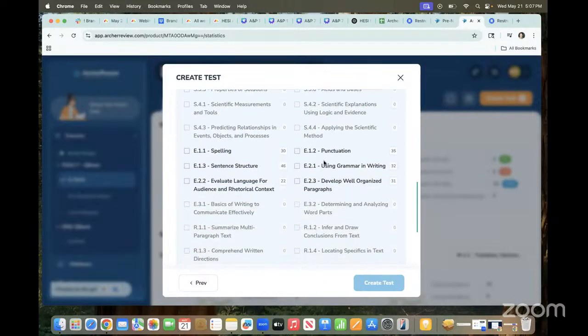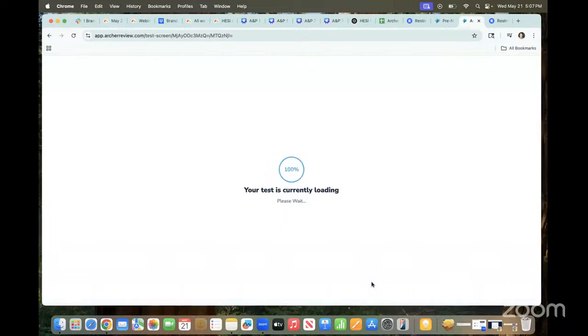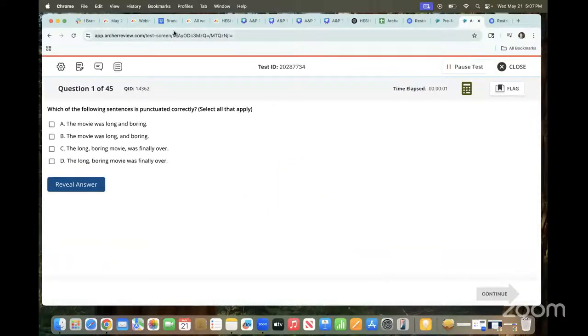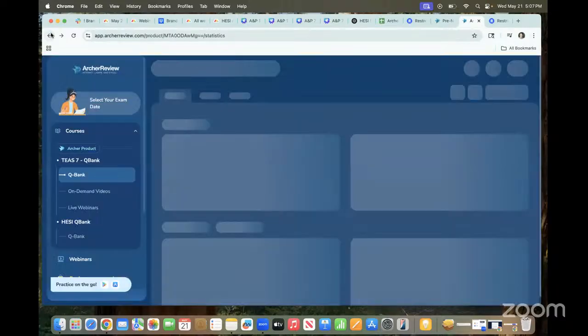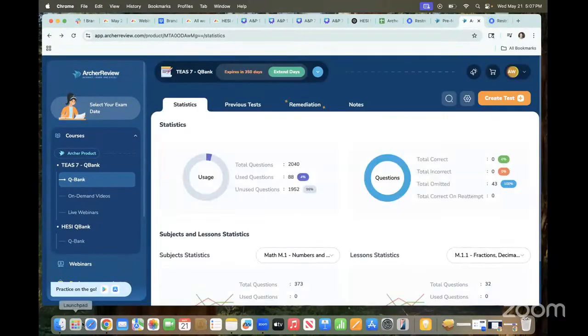So let's say I highlighted these two areas for English. I want to focus on spelling and punctuation. So then you would click Create Test, and it generates that for you. And there's a similar setup that you would have when taking your TEAS exam. So hopefully that helps you answer your question to those who asked about how to go ahead and start those questions.